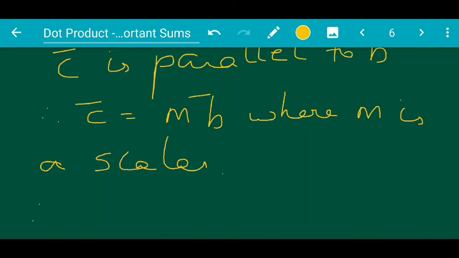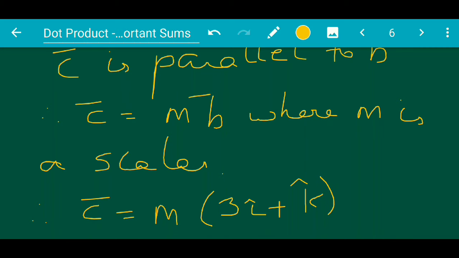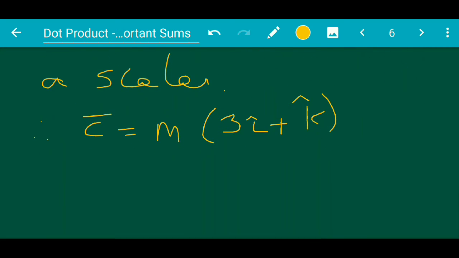In the question, b is given as 3i plus k. So we write c as 3m i plus m k. We keep this in mind.